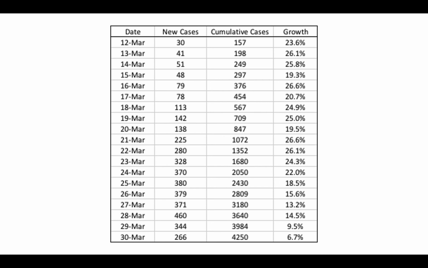And that brings me on to the third point, and that is some of this reduction, no doubt, is also due to the measures that we've all taken and that the government has imposed upon us, and that's great that most people in the community are doing that. But we need to continue to do that for a long period of time, because if we don't, then we'll see that this will start to tick up again.